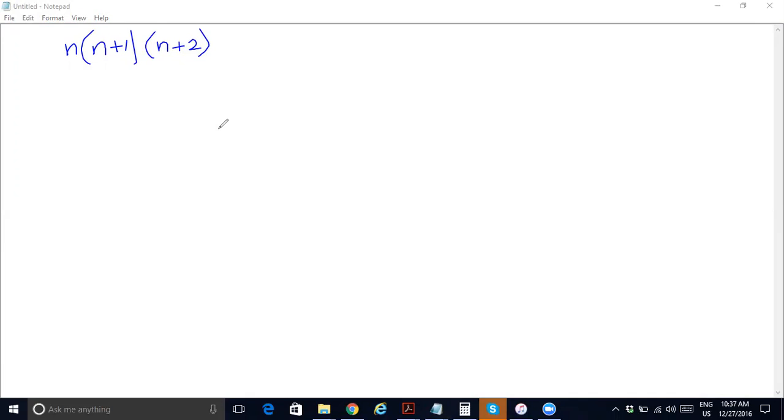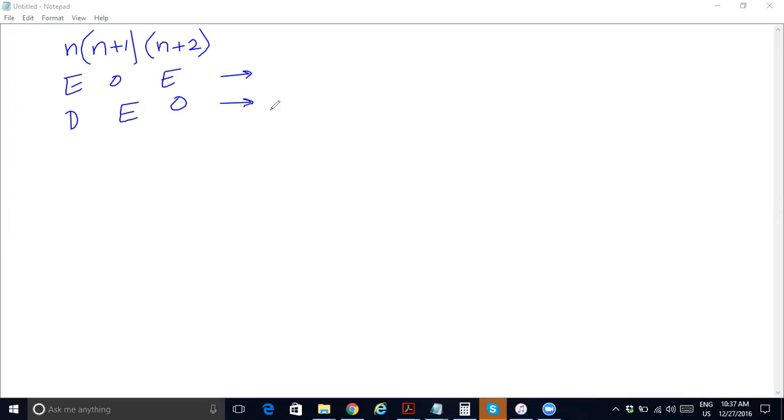Yes, perfect. Since there are 3 consecutive integers, we can have even, odd, even, or we can have odd, even, odd. So in this, 2 evens, and in this, 1 even.